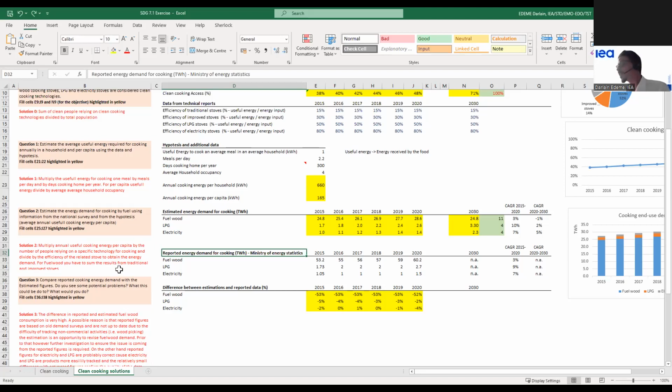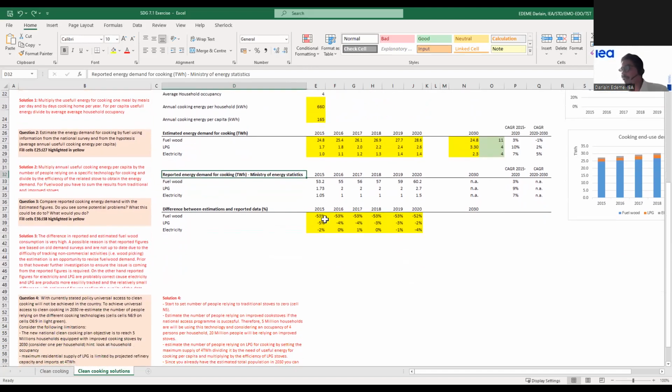And this discrepancy is really linked to the different efficiencies. It is really difficult to assess the efficiency of the traditional and also improved cookstoves across the entire country, in this case, or continent, and to model the results. So this is a really, really important aspect.